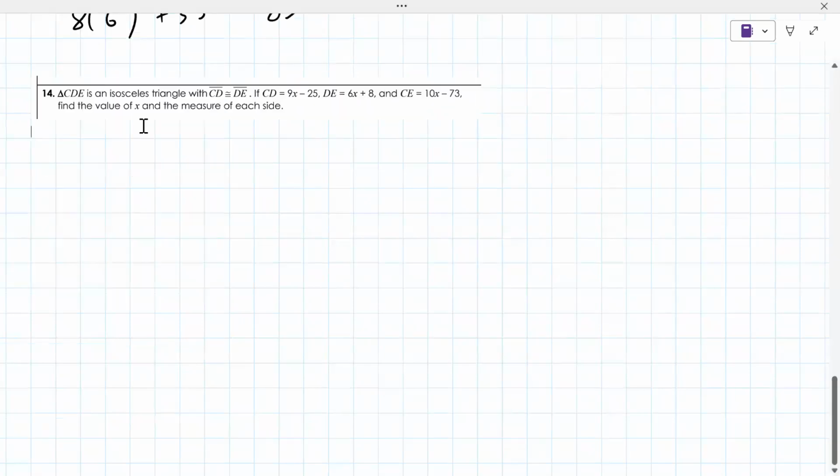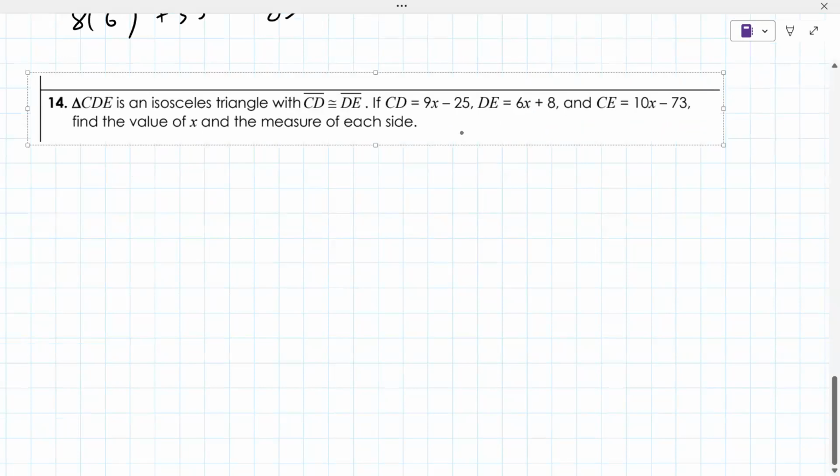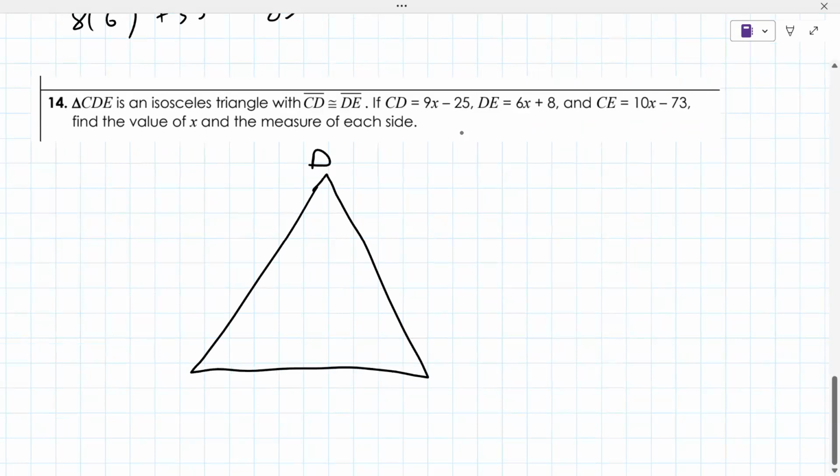14 is an isosceles triangle, and they tell you, and this is very important, that CD is congruent to DE. You have to know which are the congruent sides. So CD is 9x minus 25, and DE is 6x plus 8.